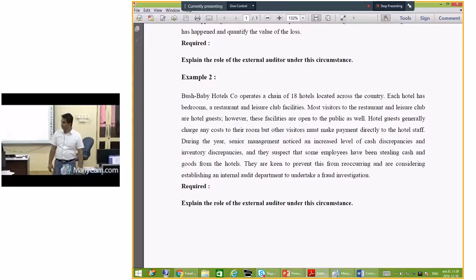That is the implication of this standard for fraud in financial statements. And how do we deal with fraud? Where companies have such frauds, how do we, as external auditors, deal with it, right?